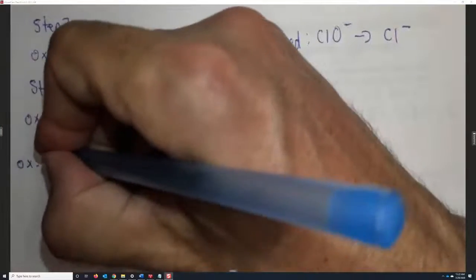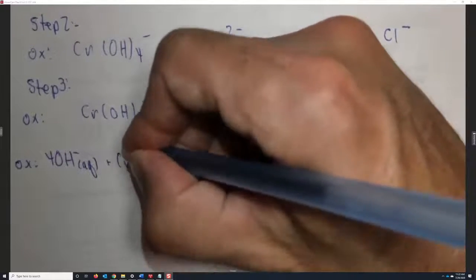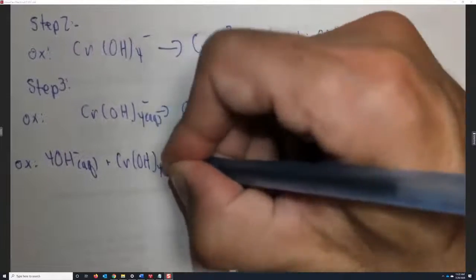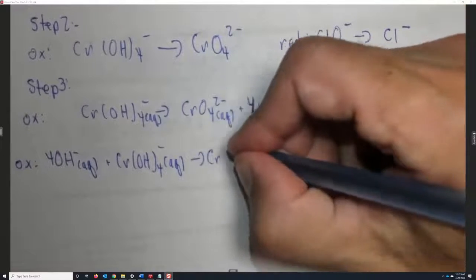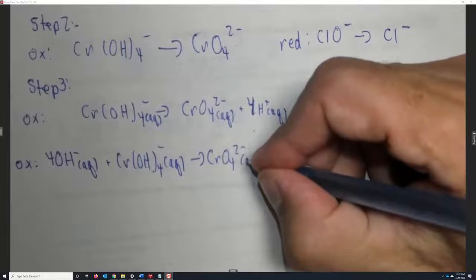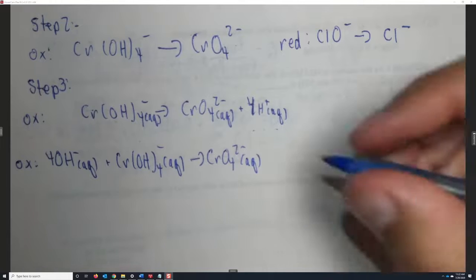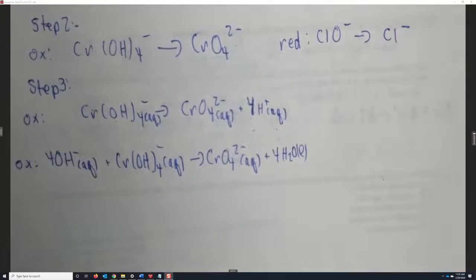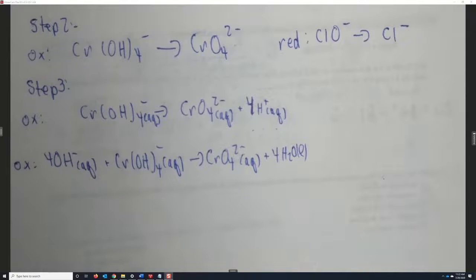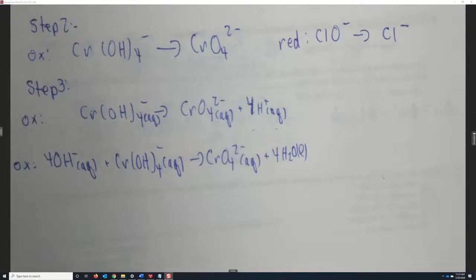So for the oxidation half reaction, I want 4 OH minus aqueous plus CrOH4 minus aqueous yields CrO4 2 minus aqueous plus 4H plus and 4OH minus is 4H2O liquid. That's how I make it into a basic solution. So now I have a base over here and I have the water over here.